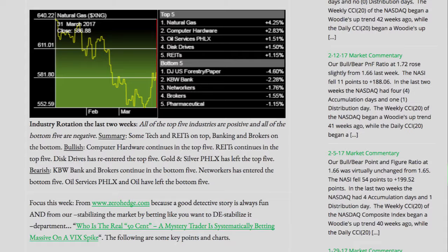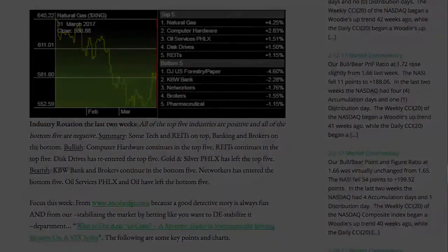Disk drives has re-entered the top 5. Gold and silver has left the top 5. Bearish, KBW Bank and brokers continue in the bottom 5. Networkers has entered the bottom 5. Oil services and oil have left the bottom 5.